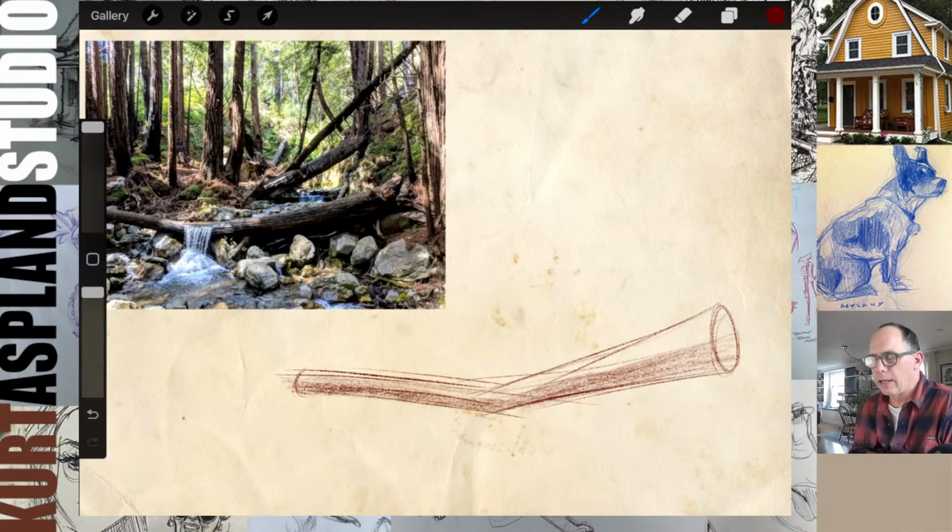Now, I usually do this, even if it's not in the picture, I like to add a little core shadow because it helps to make things read as being round. The core shadow is just a little bit of the darker shadow right where it comes in contact with the light.